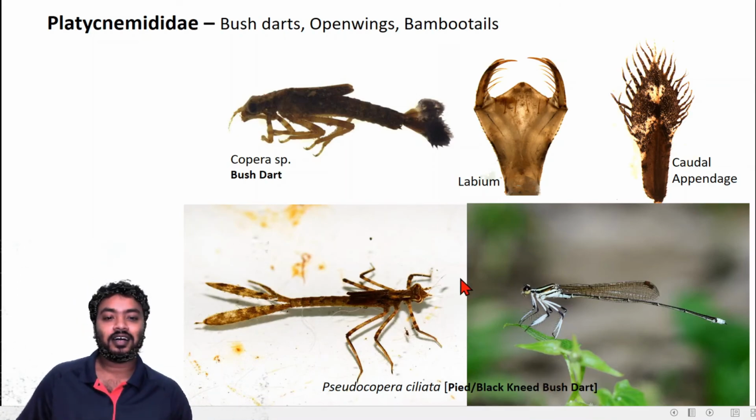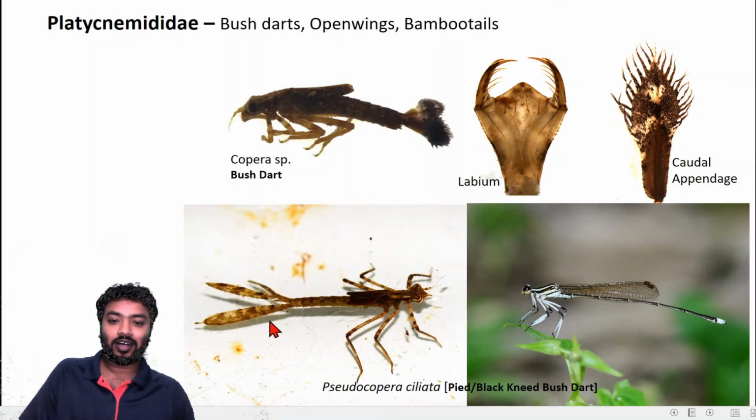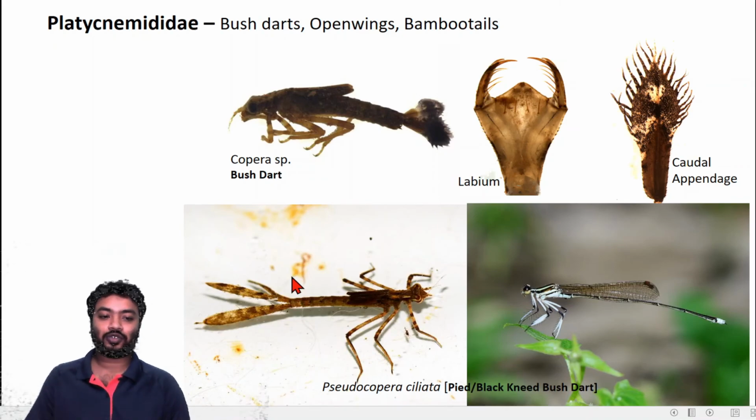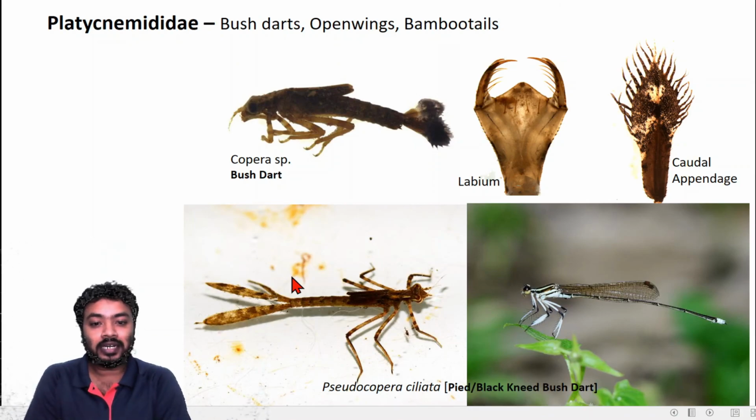So this is the last photograph I will show you, that is Pseudocopera ciliata, the pied bush dart. So here also, see, I told you that sometimes other families also may have a very long and well developed caudal appendage. Let me tell you one last story for today's session: the size of the caudal appendages actually depends on the habitat the larva is staying in.